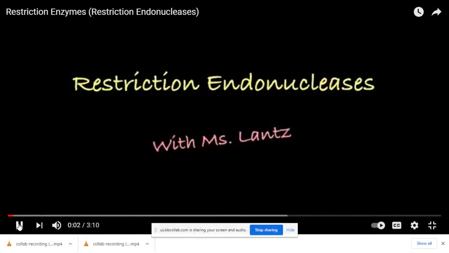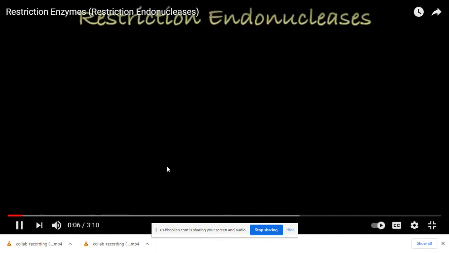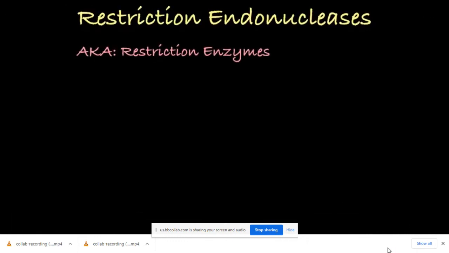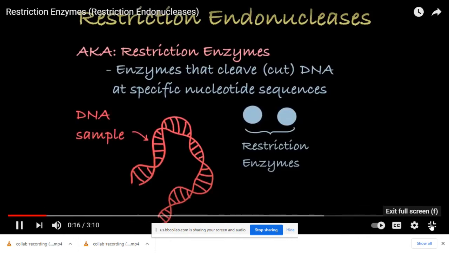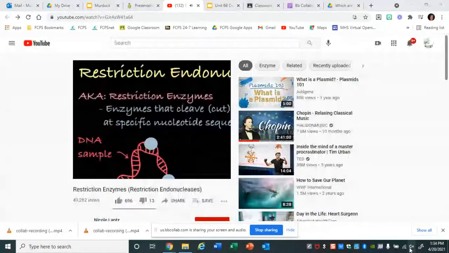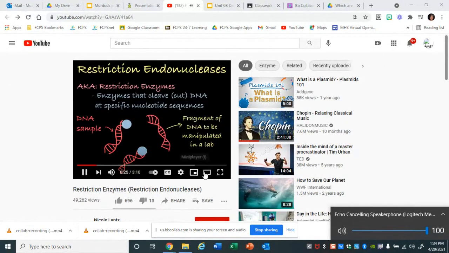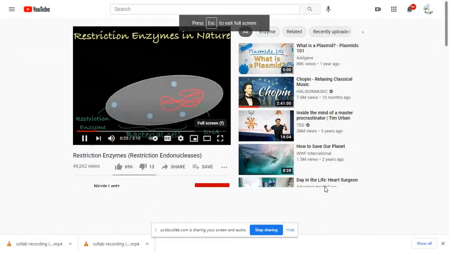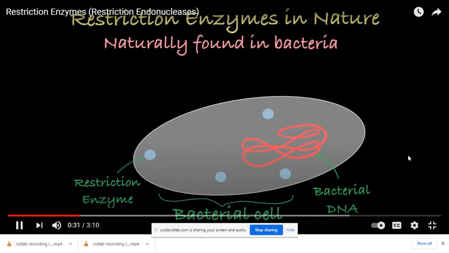In this video, I will be discussing restriction endonucleases. Restriction endonucleases, also called restriction enzymes, are enzymes that cleave DNA at specific sequences. These enzymes are particularly valuable in a lab setting because they allow scientists to cut, isolate, and manipulate DNA segments of interest. Restriction enzymes are naturally found in bacterial cells.